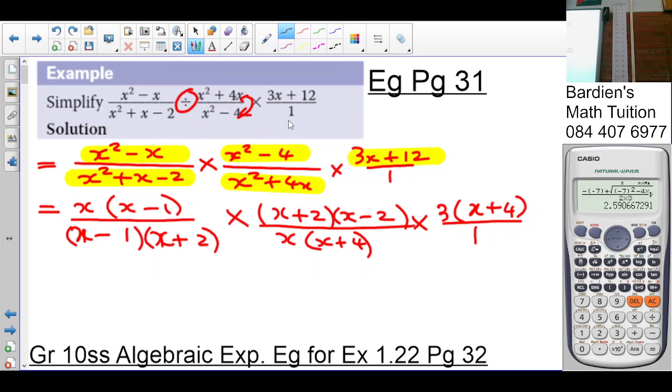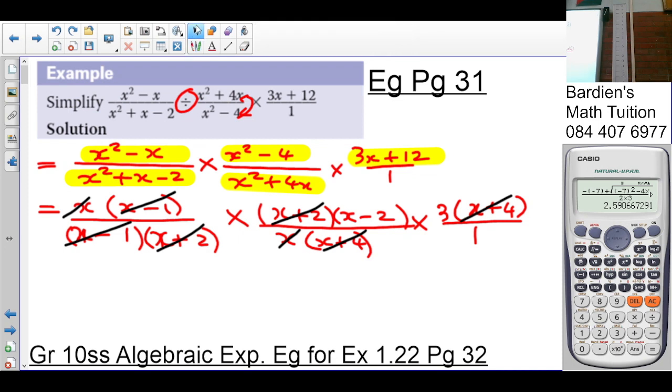So what do we do now? Cancel. So x cancels x. x minus 1 cancels x minus 1. x plus 2 cancels x plus 2. x plus 4 cancels x plus 4. So what are we actually left with?